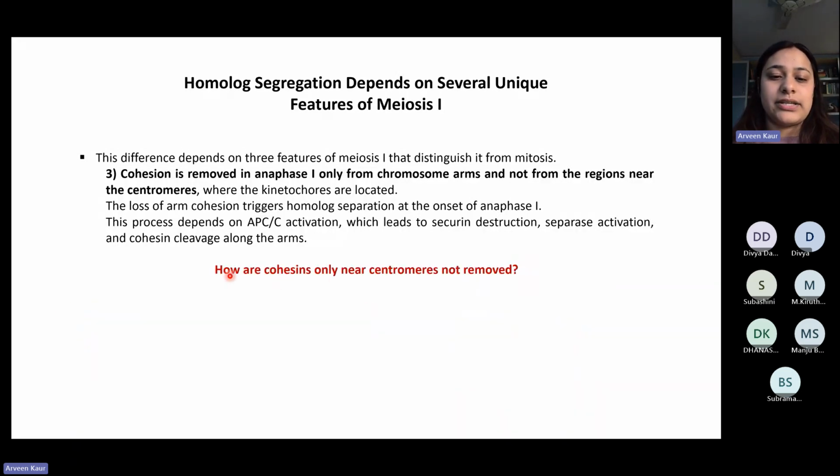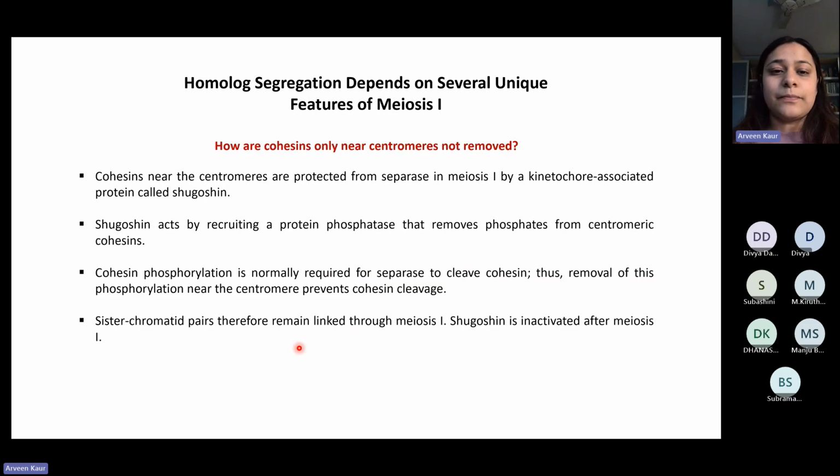So the question is, how are cohesins near the centromeres not removed, when they are removed from the arms? If separase activation had been inhibited, then along the arms also it would not have been possible. But over there it has been separated. Only near the centromeres it has not been separated. Now, why is this so?